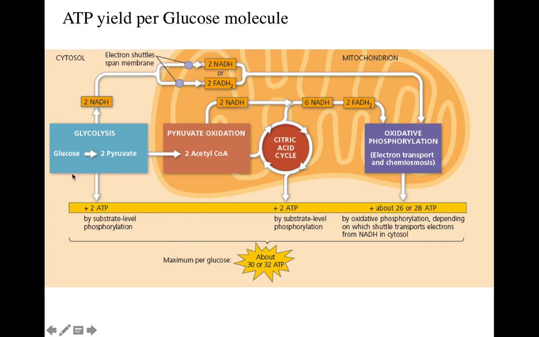But we have previously discussed that these numbers are approximate. Sometimes books even mention 34, 38. So they put all of them together and say that you can produce 36 or 38 ATP per glucose molecule.